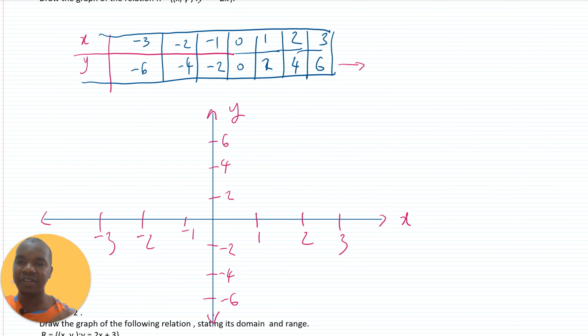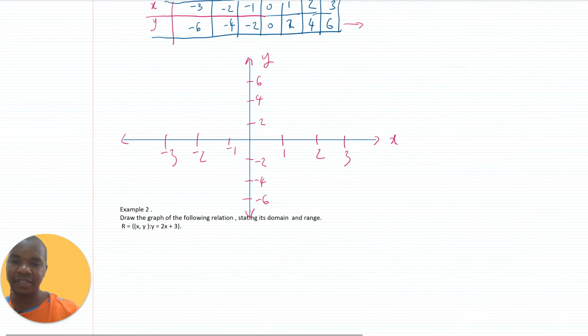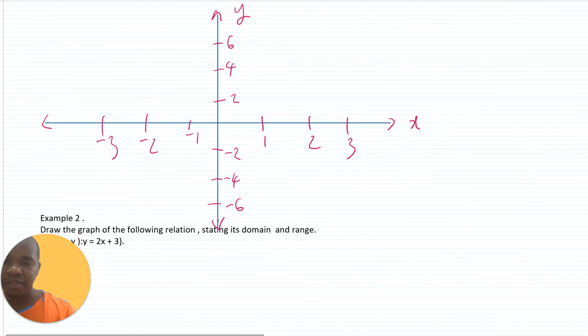We're having only sampled values. We'll be having a point there, -3, -6, then -2, -4, -1, -2, 0, 0, then 1, 2, 2, 4, and 3, 6.